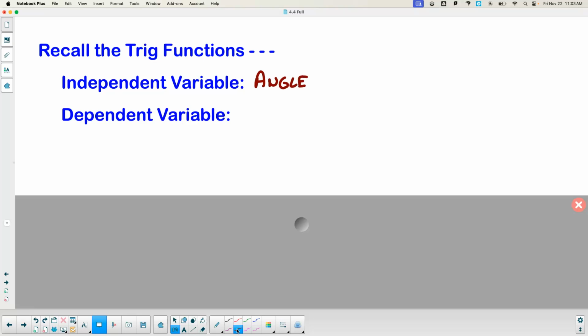You put in an angle, you find the sine or cosine of that angle. That's your input.